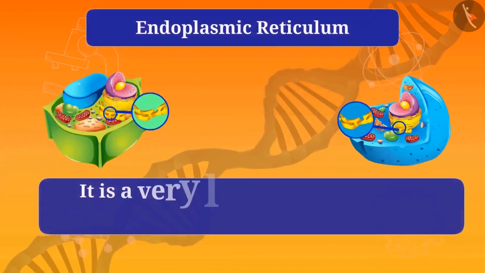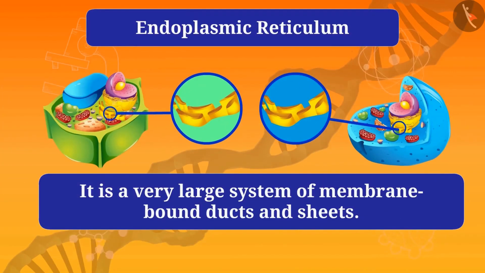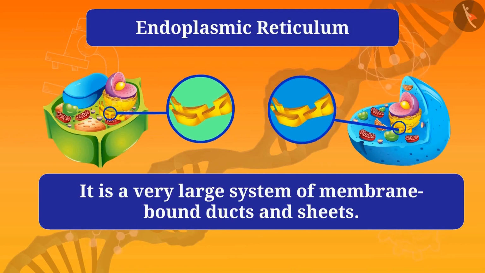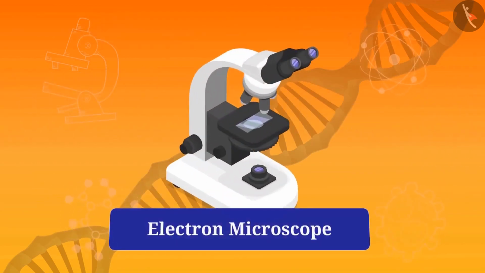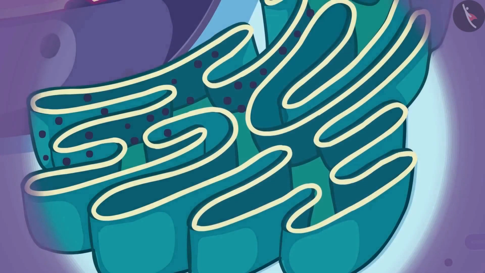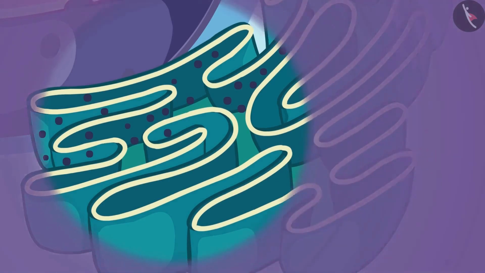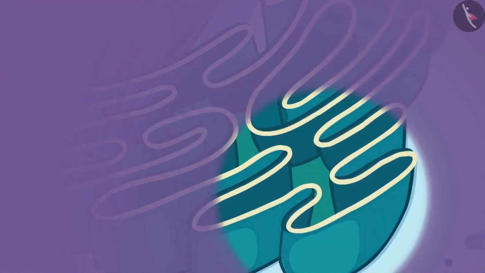It is a very large system of membrane-bound ducts and sheaths. Its composition is similar to that of cell membrane. Friends, if you look at it carefully under the microscope, do you see any difference in their structure? Yes, somewhere there are black dots, while elsewhere they are absent.